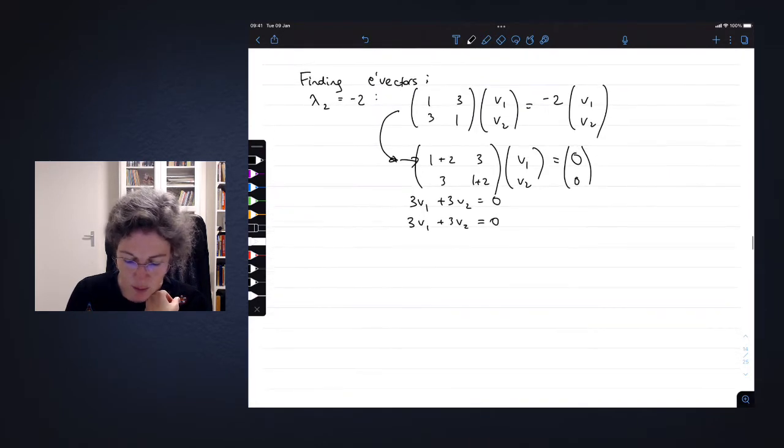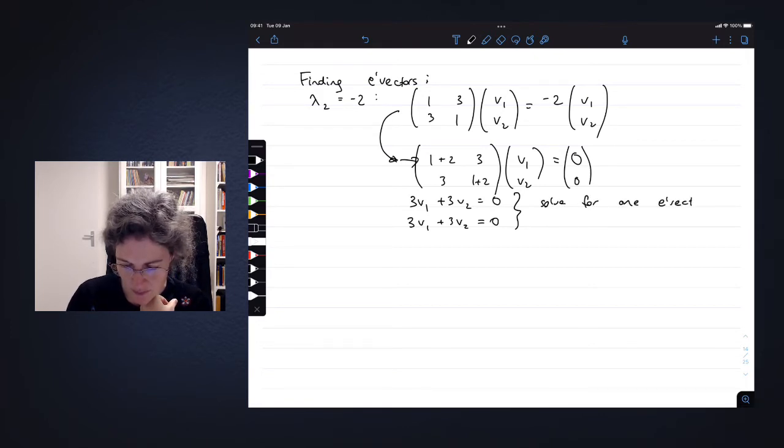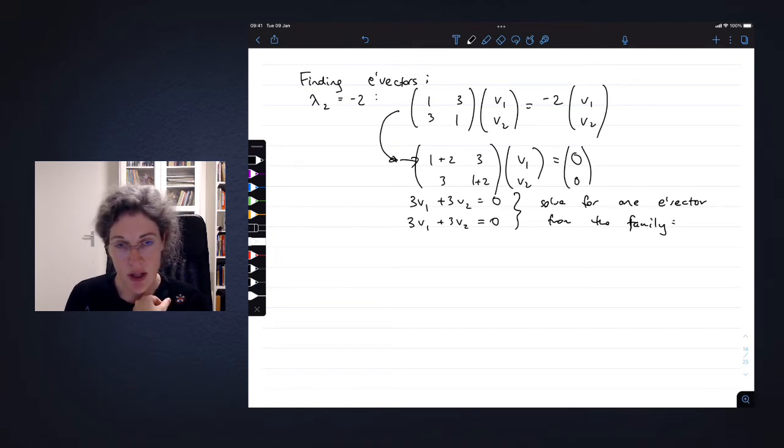So what we're going to do is find one specific one. And you can take your pick. Usually in a situation like this, I would just pick a simple value for v1, like 1, and then see what v2 should be equal to.